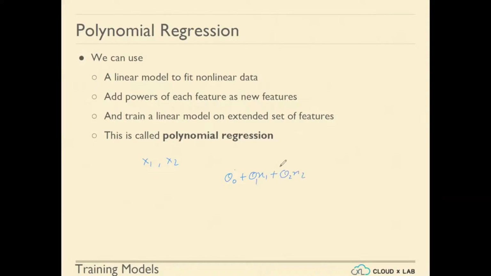Here the degree is 1, right? Then we will write all degree 2 terms: theta 3 x1 square plus theta 4 x2 square plus theta 5 x1 x2, right? So if we want to learn a degree 2 polynomial, we will learn this type of equation.